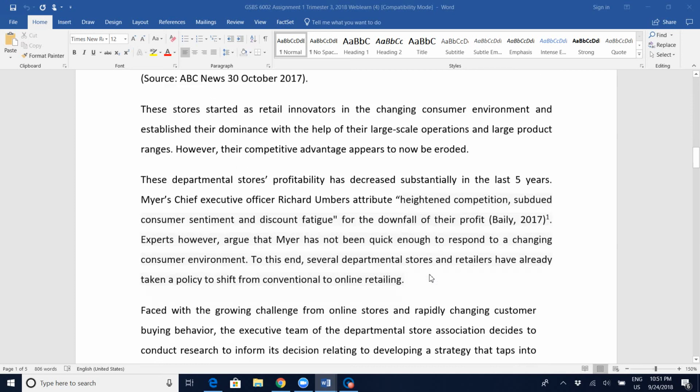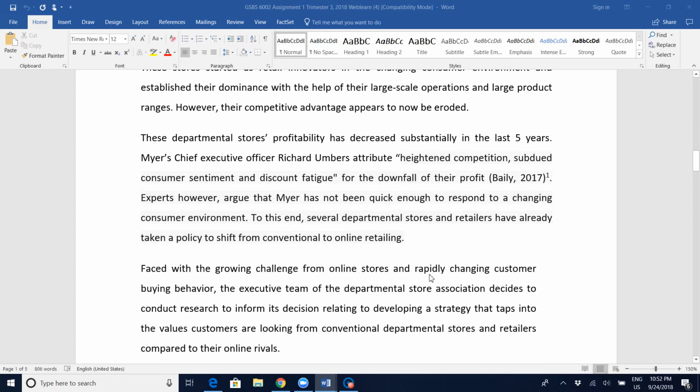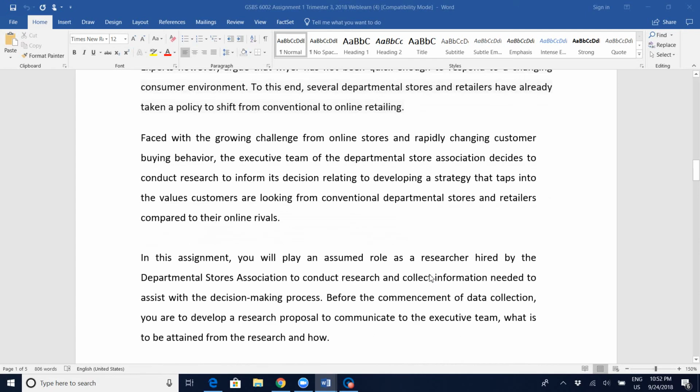As a result, the executive team of the Departmental Store Association has decided to conduct a research to find out what values customers are looking for from conventional departmental stores compared to their online rivals. And your role is a researcher to conduct a research to find out these values.